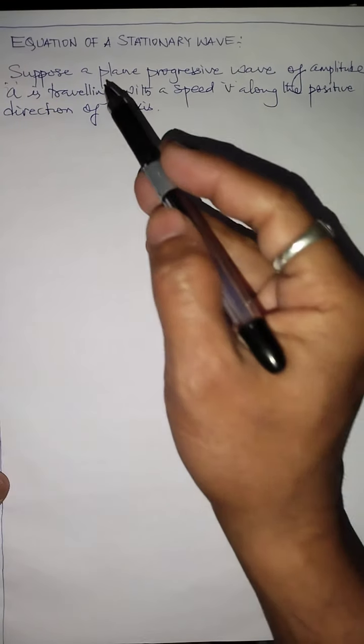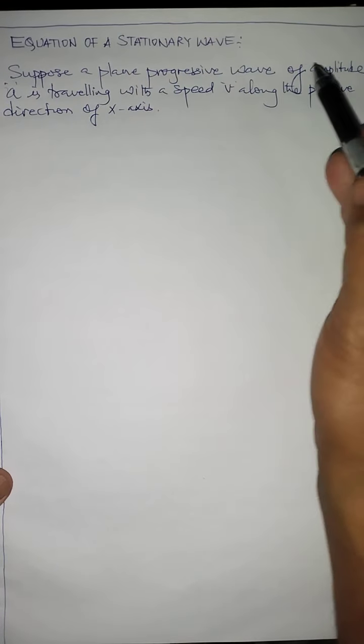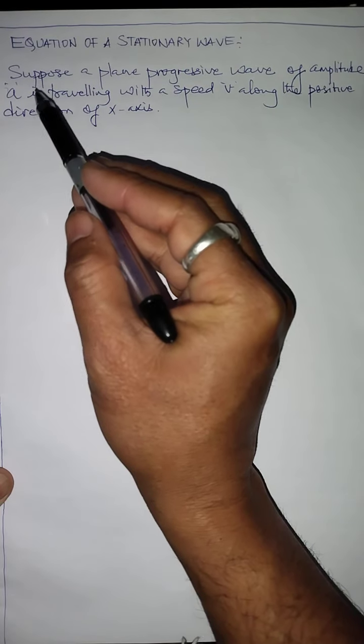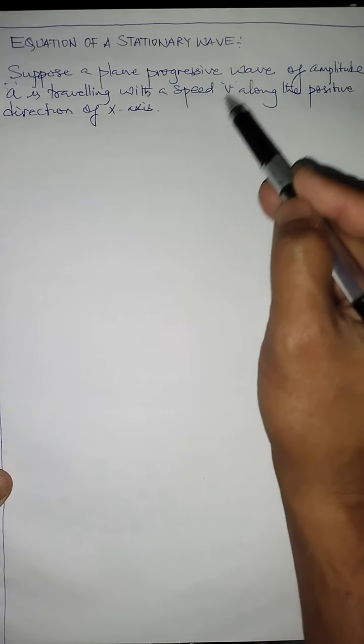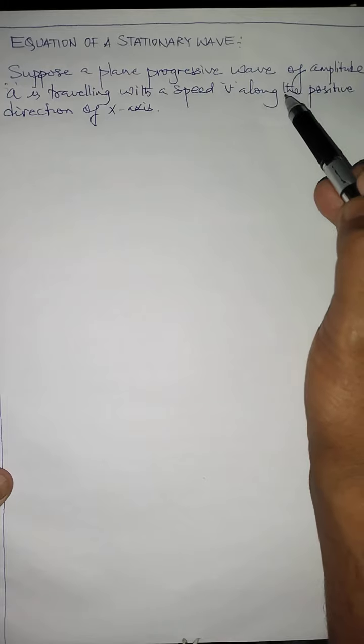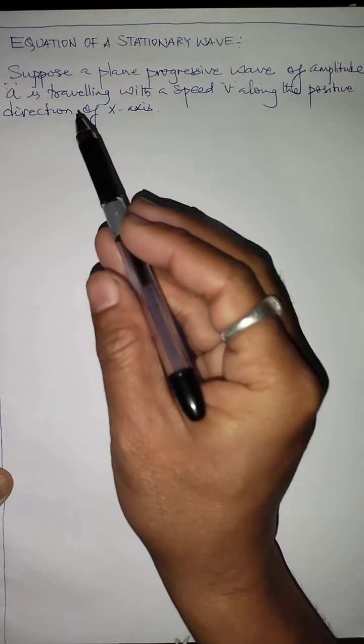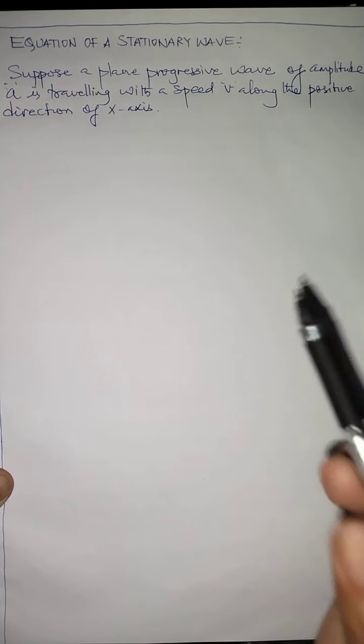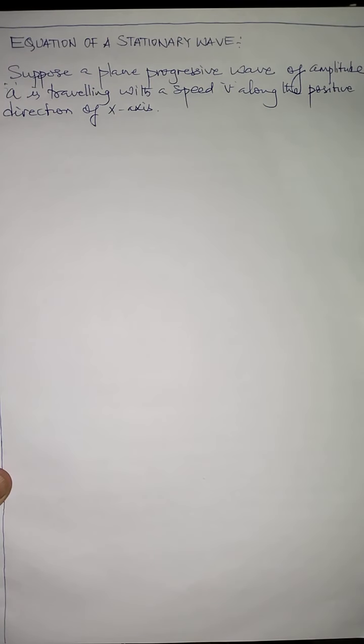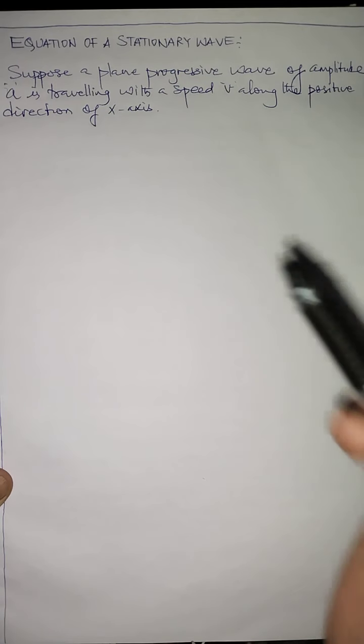That means a plane progressive wave of amplitude a is traveling with a speed b along the positive direction of the x-axis. So this wave will be the incident wave. Now this wave has an equation, and children, we have done the equation of a plane progressive wave.